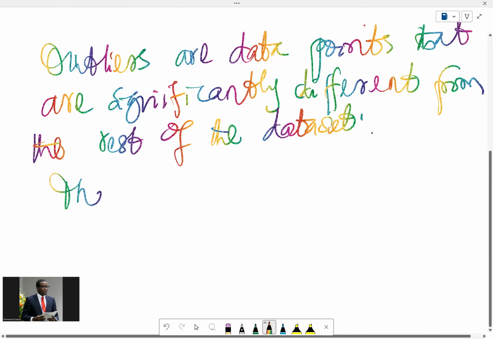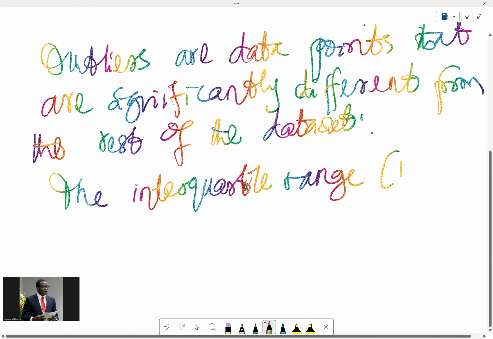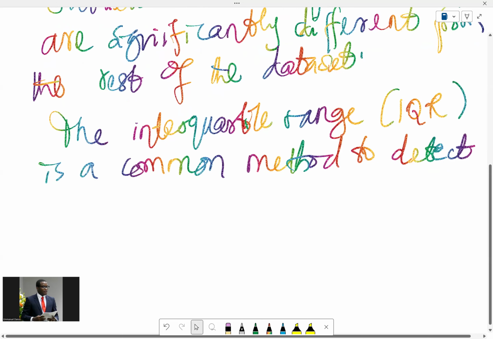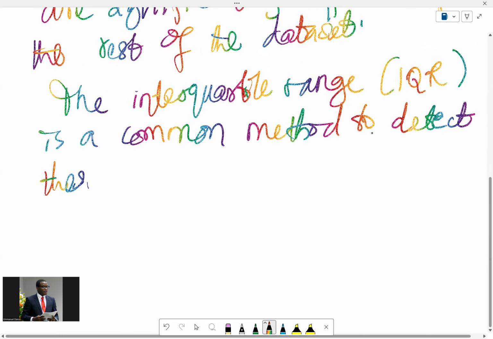So let's go. The interquartile range, that is IQR, is a common method to detect these outliers.